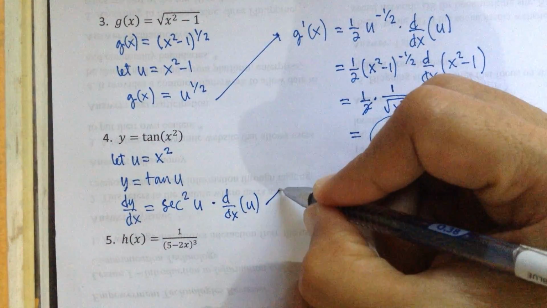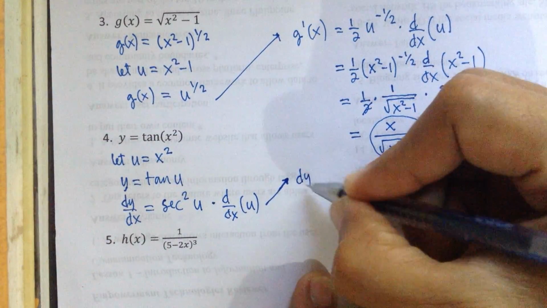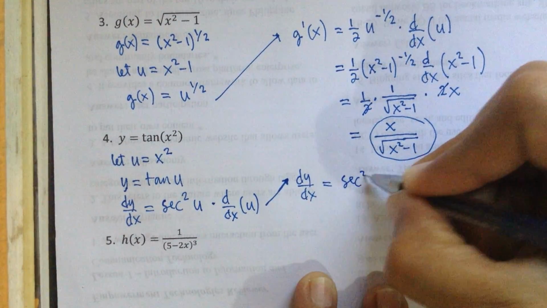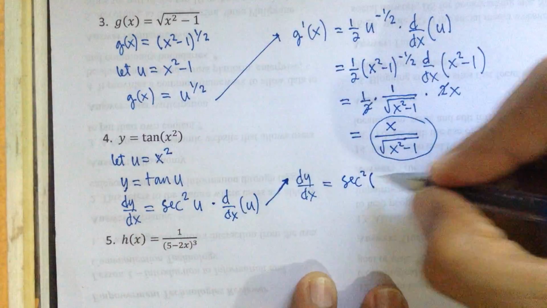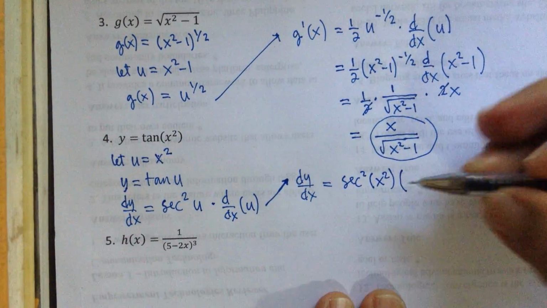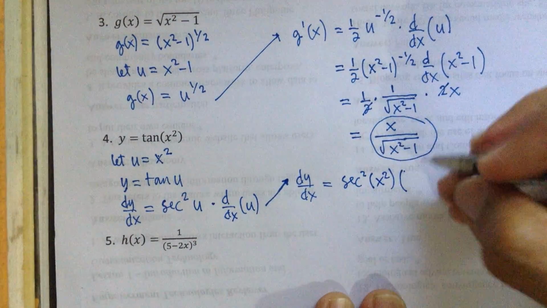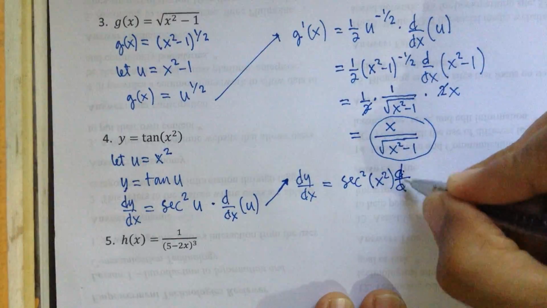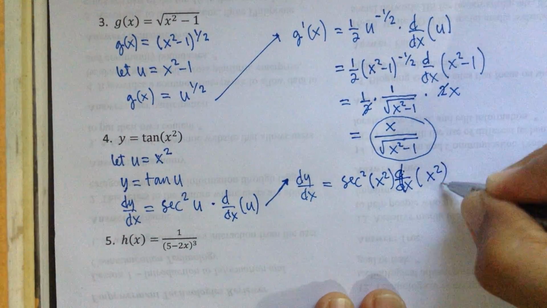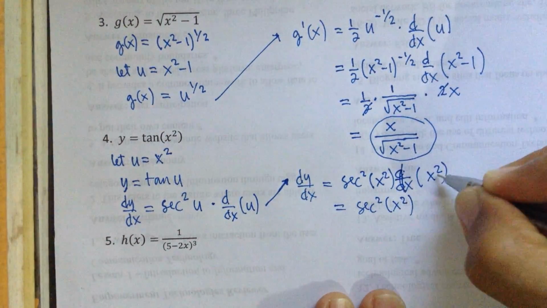Okay, then continuing here, we have dy dx equals, okay, let's put back the expression for u, which is x squared, then times the derivative of our u. What is the derivative of our u? Dx of your u, which is x squared, so that's equal to secant squared x squared times what is the derivative of this?